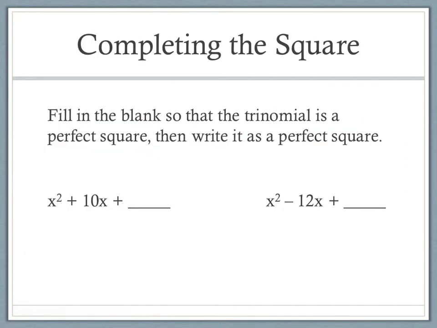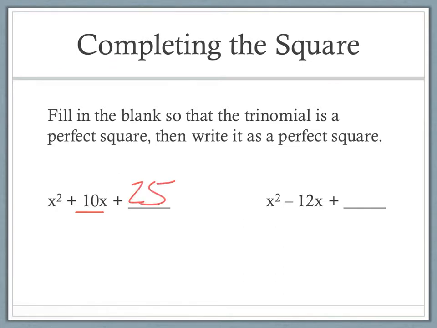Okay, we're going to fill in the blanks to make these perfect square trinomials. So we're going to fill these blanks in to make these problems look like the ones that we just did. The trick to doing that is we're going to take half of this b term and then square it. So half of 10 is 5, and then I'm going to square that, which would be 25.